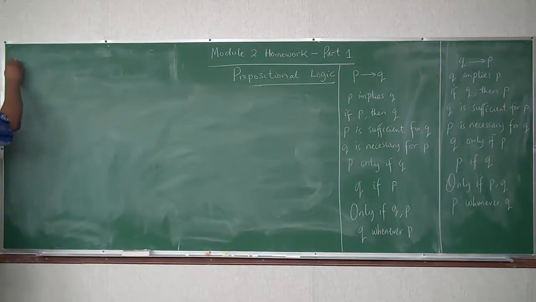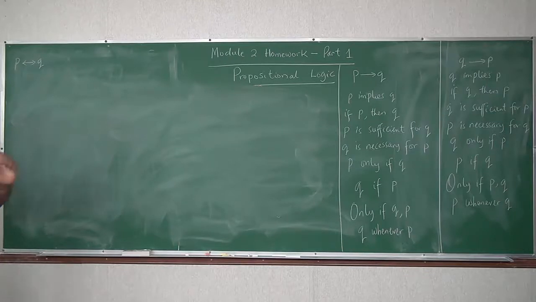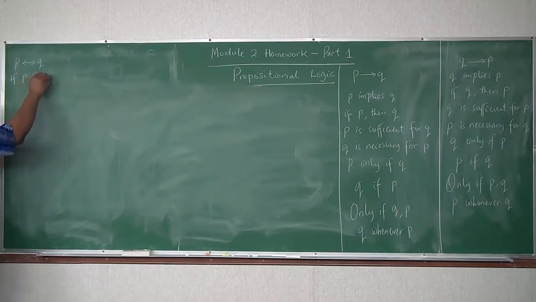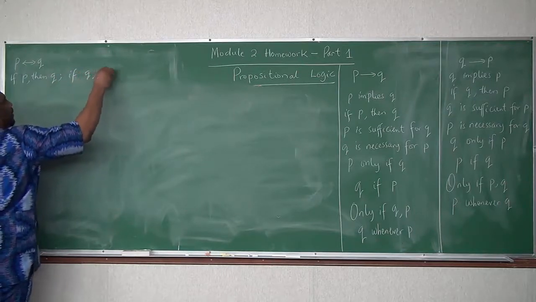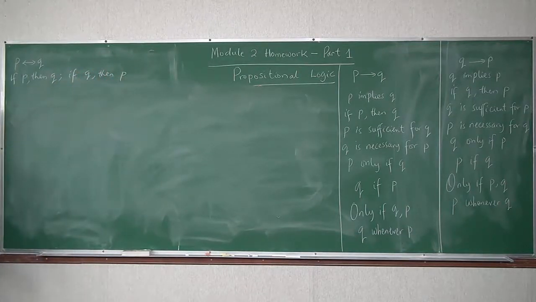P biconditional Q, P double arrow Q. This means if P, then Q, and if Q, then P.